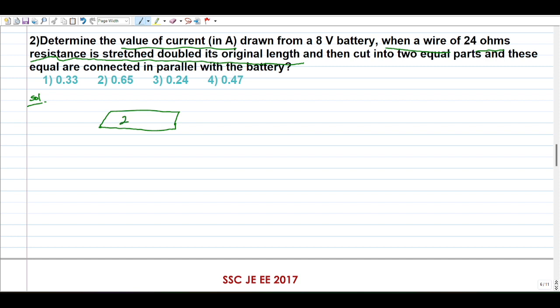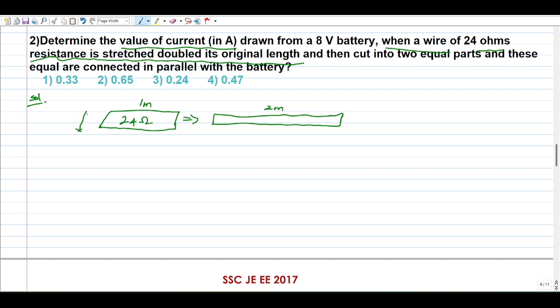Its resistance is 24 ohm. Now this is stretched, and while stretching, the length of this conductor is doubled. Consider this is 1 meter. After stretching, it is elongated to 2 meter.